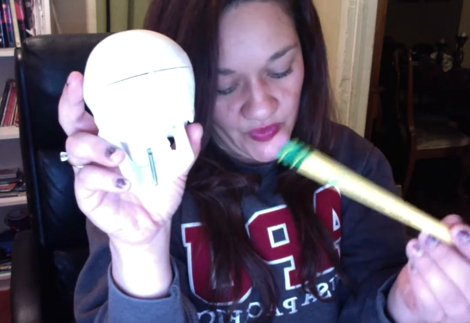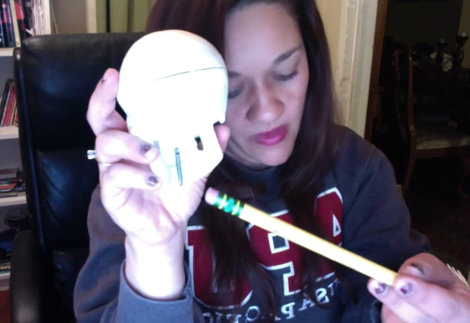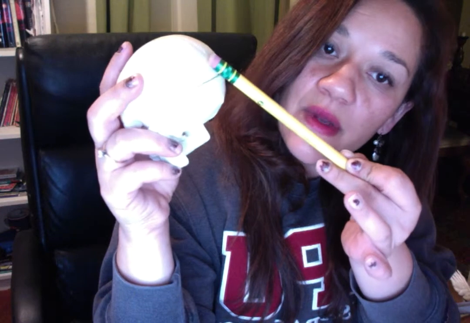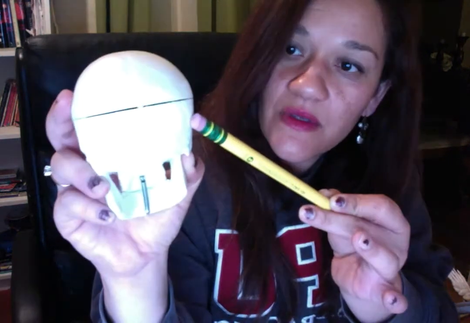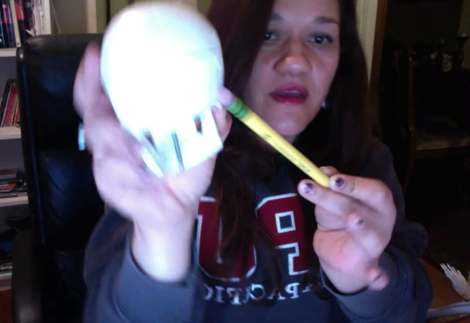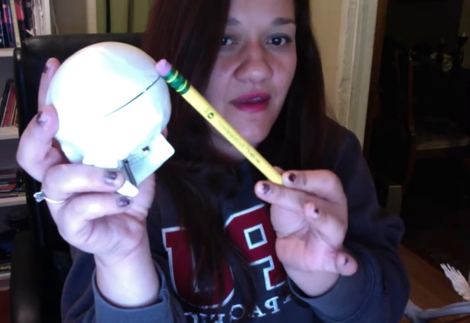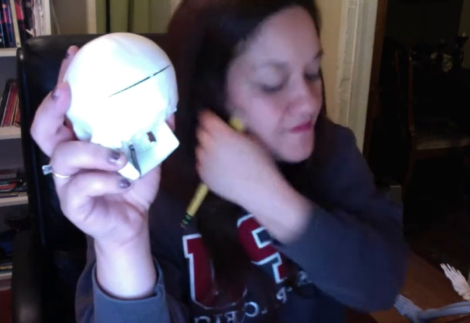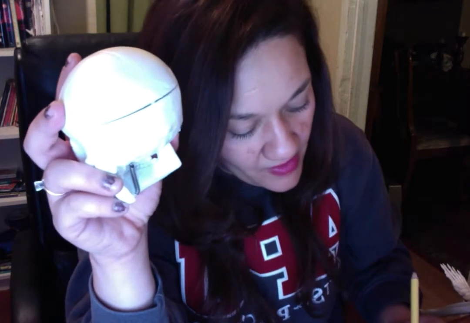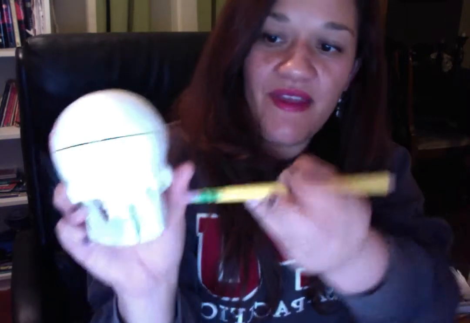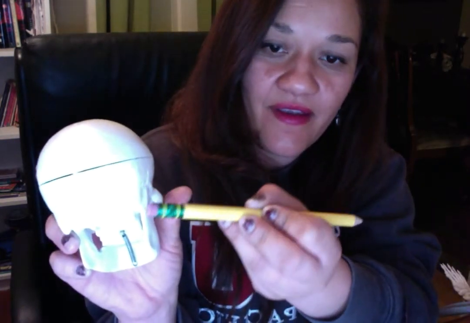And then we would have the lambdoid suture that would connect with the occipital bone right here. It would go around right here. And then the mastoid process of the temporal bone would be this little guy right here, the one that we could feel behind. We could feel it right here.